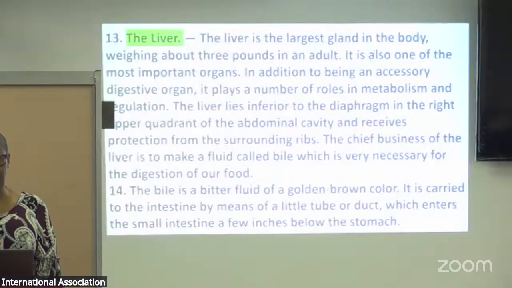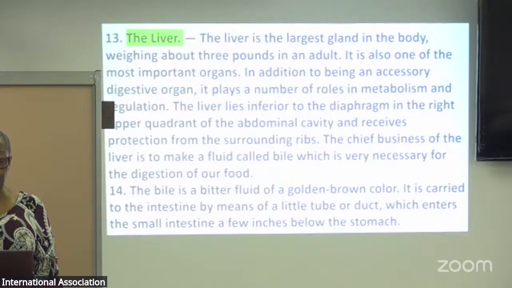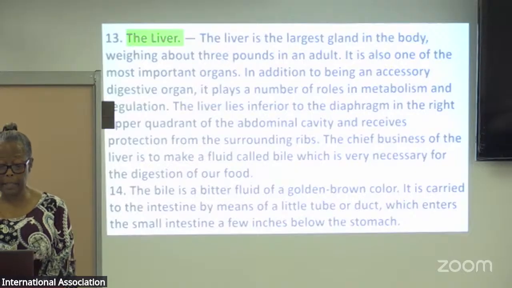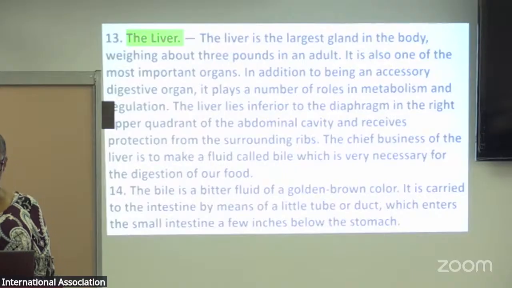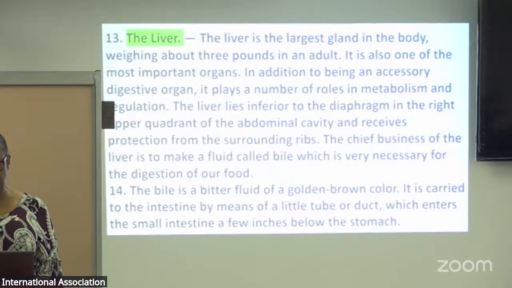protection from surrounding ribs. The chief business of the liver is to make a fluid called bile, which is very necessary for the digestion of our food. The bile is a bitter fluid of a golden brown color. It is carried to the intestine by means of a little tube or duct, which enters the small intestine a few inches below the stomach.